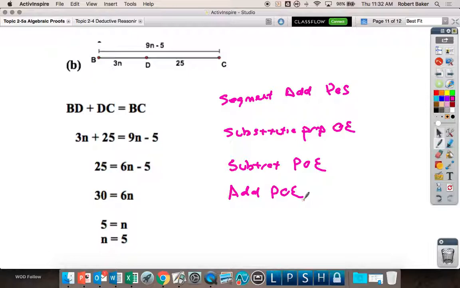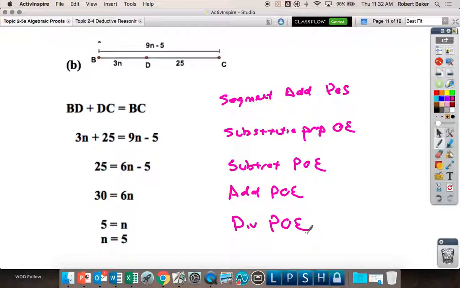The next one's division. But then the one after that, reflexive. When you look in the mirror, when 5 looks in the mirror, does he see n? No. That's the reflection, right? That's the symmetric property.